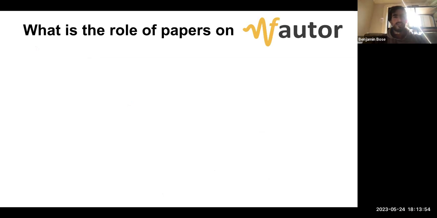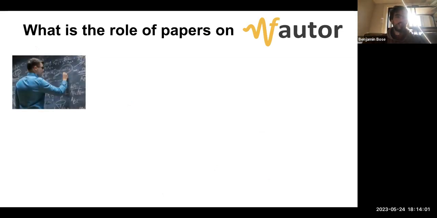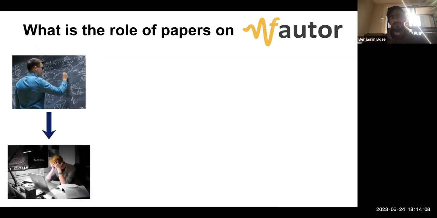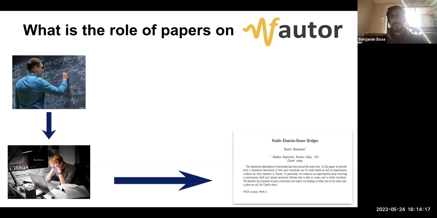Quite related to the funding is how papers are used on the site. Just to go through what typically happens in science: a scientist does a bunch of science and then writes up the results of all this work into an article. And then what that scientist can do is take that article, here we have an example, and upload it to the Fautor platform. When I say upload, they typically just upload all the metadata of that article.